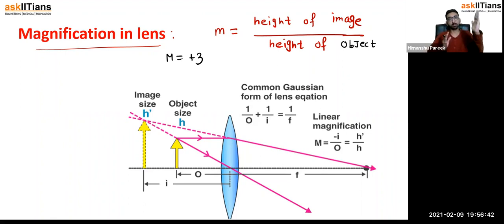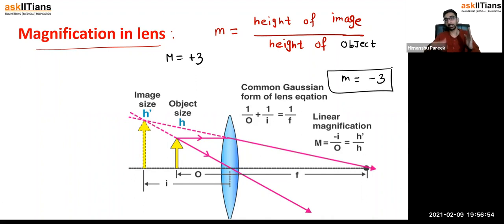So if object is kept like this, image will be magnified and same, erect. If somebody tells you that magnification is -3, what should you understand from it? That image is again magnified 3 times, but this time if this is the object, then image will be inverted. So that's what the negative sign in the magnification is representing.